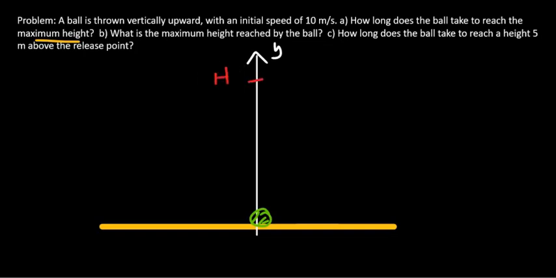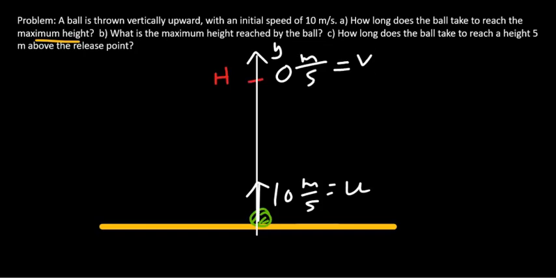So that is capital H. The initial speed of this ball is 10 meter per second. So that is the initial speed, u. The final speed is the speed of that ball at the maximum height, and that is just 0. If it's not 0, then it would keep on going vertically upward, and that wouldn't be the maximum point.